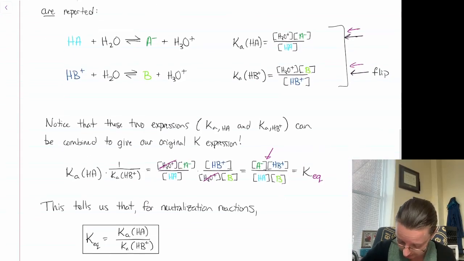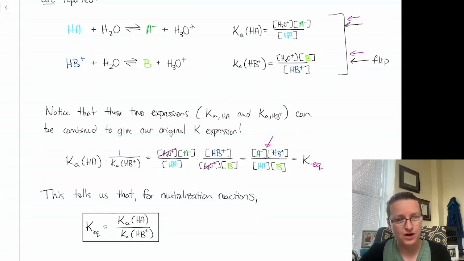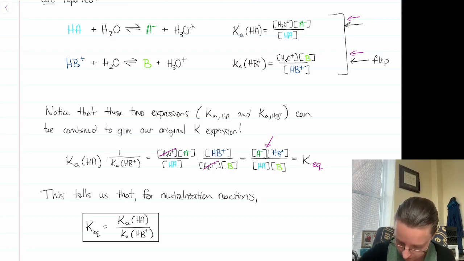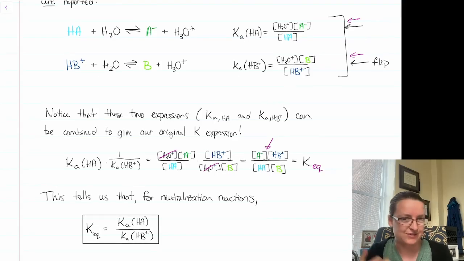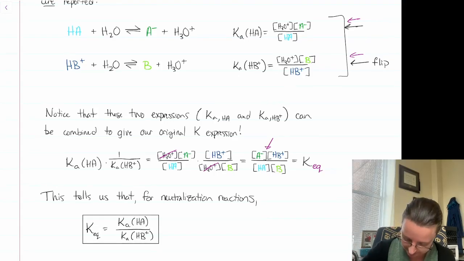And so the rules of coupled equilibrium tell us that if you want to find K for a neutralization reaction, really there's only two things that you need to look up. You need to have in hand the Ka value for the acid that's on the reactant side, and then you also need to have the Ka expression for the conjugate acid that's on the product side, or put differently, the conjugate acid for whatever is the base that you started with.